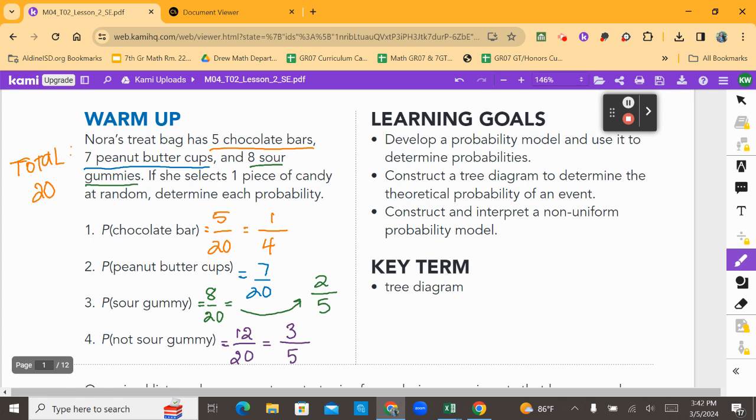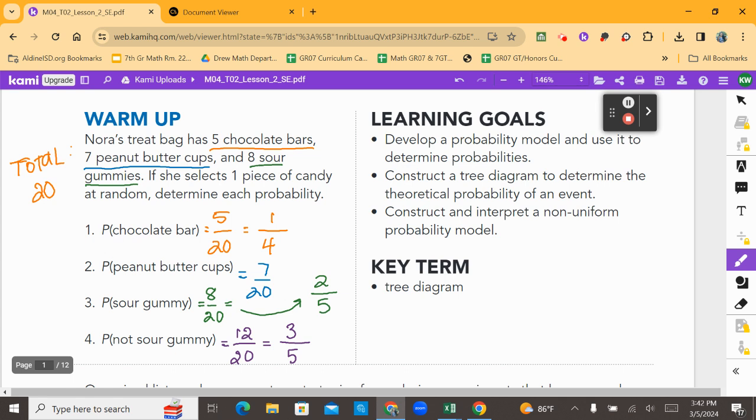So then 12 out of 20 is that probability. And I also divided the top and bottom by the same number to simplify and got 3/5. That number was 4. So 12 divided by 4 gives you 3. 20 divided by 4 gives you 5. And there is our warm-up.